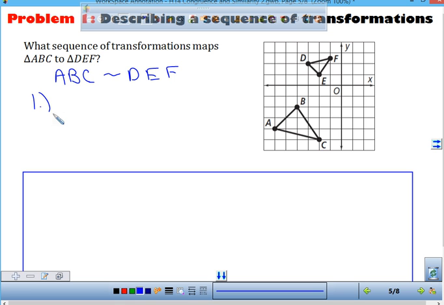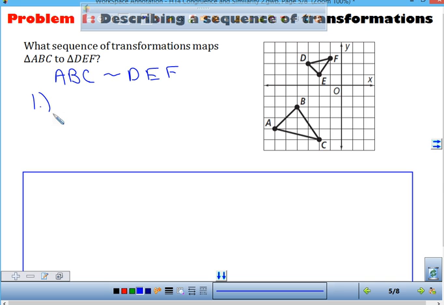Because a lot of students might say, yeah, I need to reflect this over the x-axis to get the same orientation, right? And then, well, it still wouldn't be right on top of it if I do a dilation because it's over here rather than over here, okay?